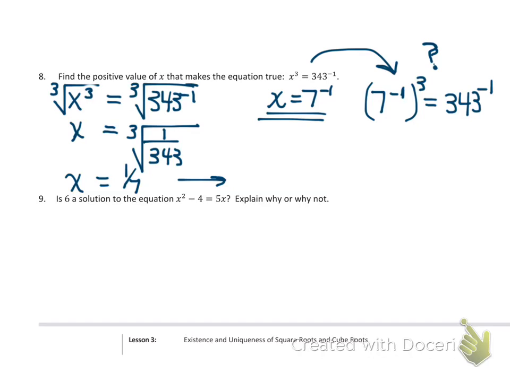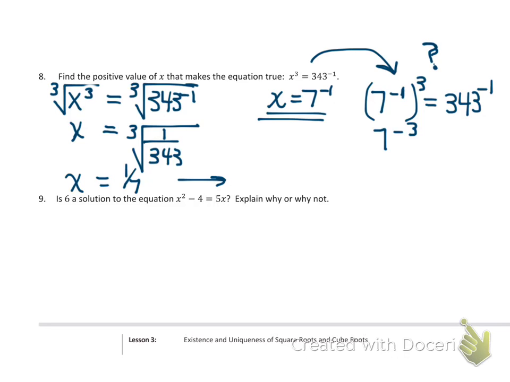So 7 to the negative 1 to the third power. Remember, when we have a power to a power, the exponents get multiplied. So this becomes 7 to the negative 3.